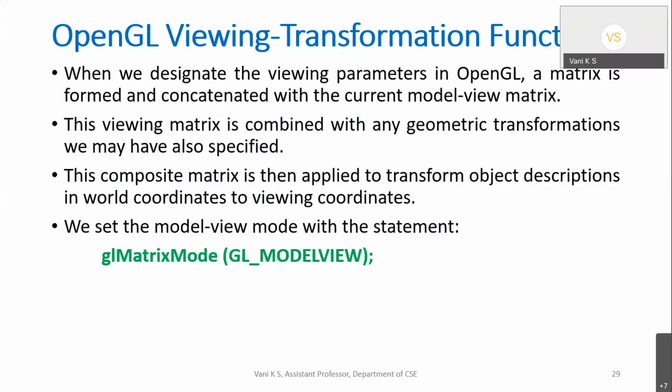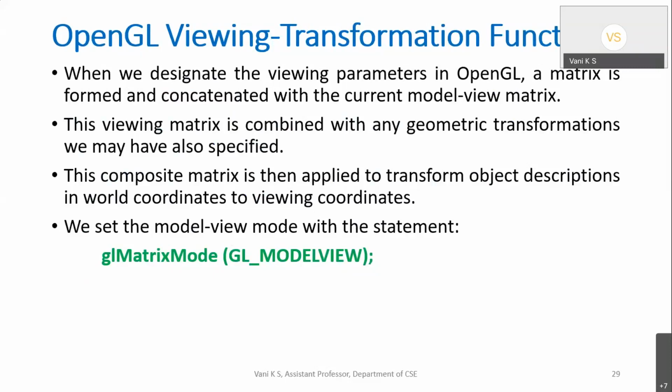The matrix has to be there because everything in graphics is matrix multiplication, matrix concatenation only. Whatever objects get displayed, they get multiplied with the matrix. So everything in computer graphics is through matrices only. I hope you are familiar with this.